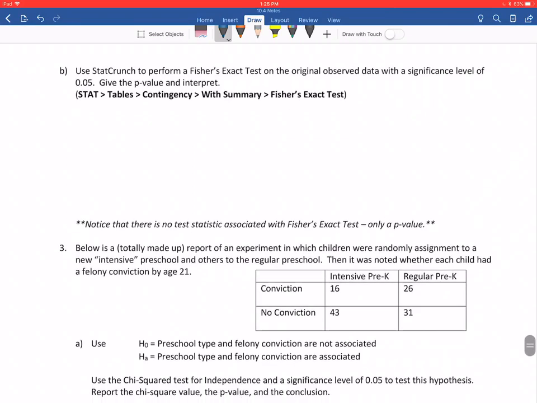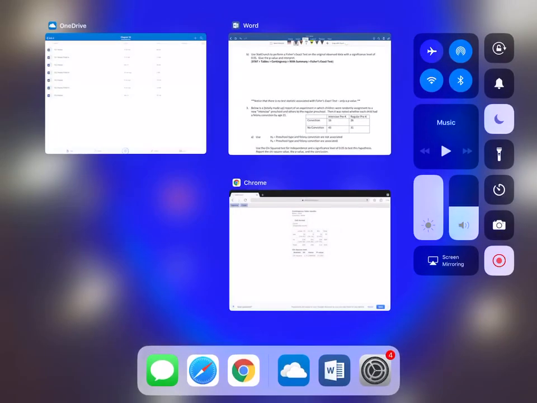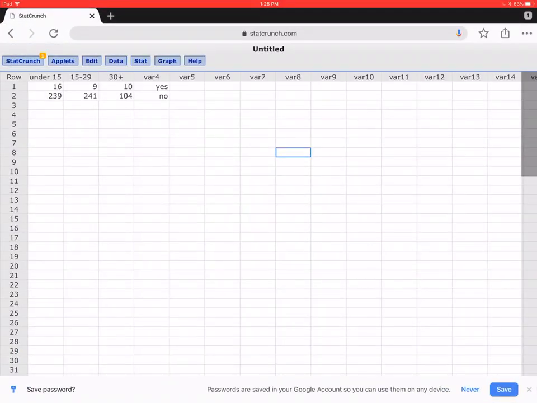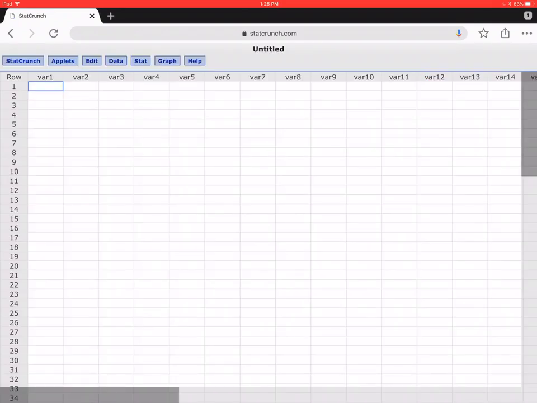Lucky for us, we do only have a 2x2 table here, so we can use StatCrunch to perform Fisher's exact test on the original data with a significance level of 0.05. Let's go to StatCrunch, and I need a new one here. Let me write that table in.